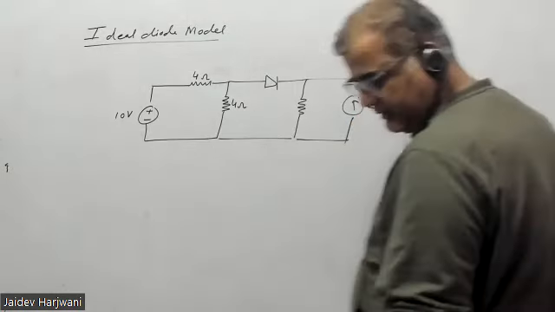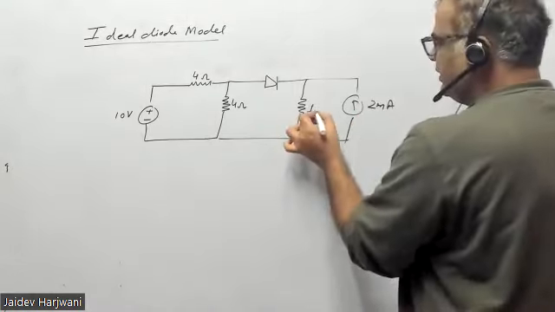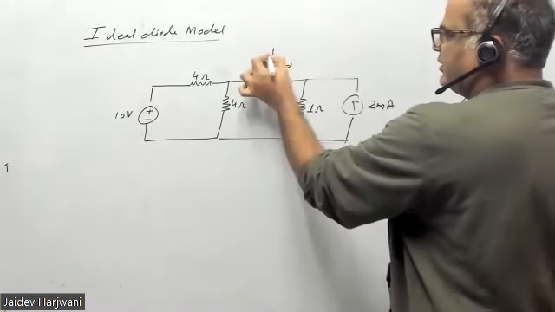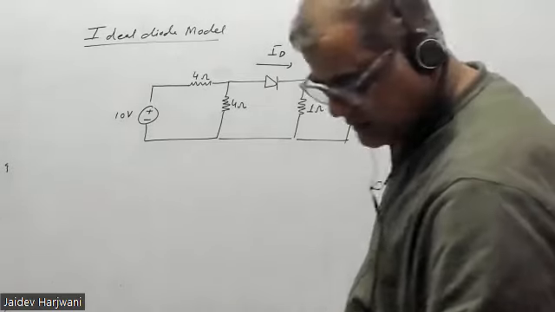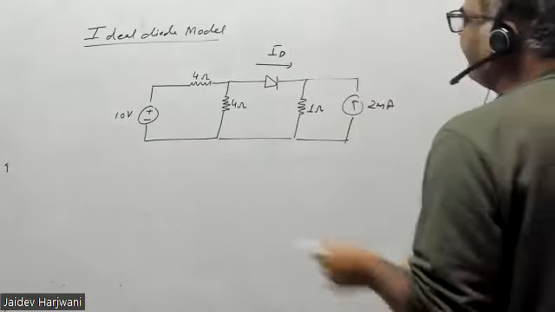The resistance value here is 1 ohm. You need to find the current flowing through the diode. It is assumed the diode is ideal.